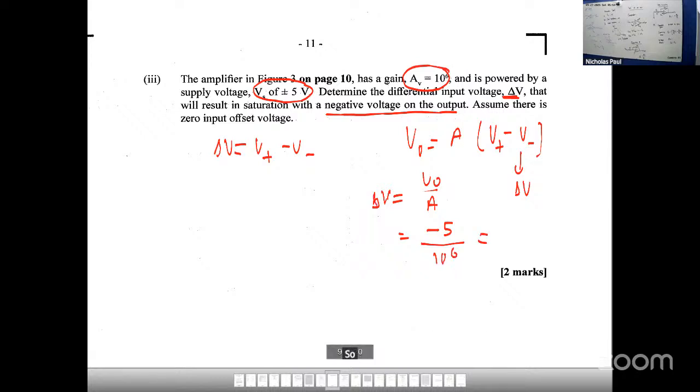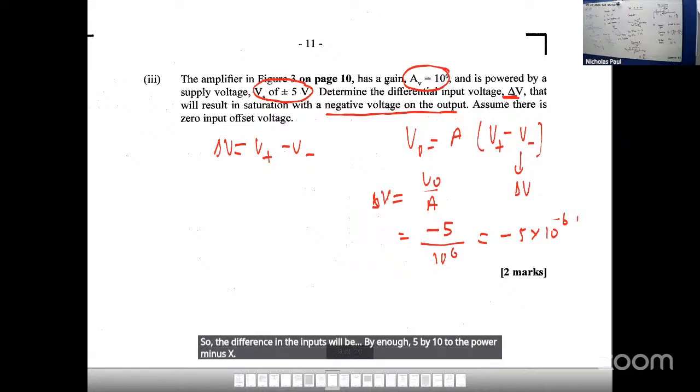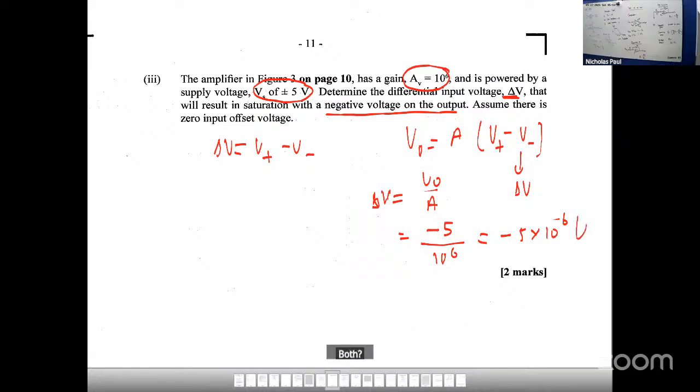So the difference in the inputs will be -5 by 10 to the power -6 volts. How much do you get, -5 or -6?